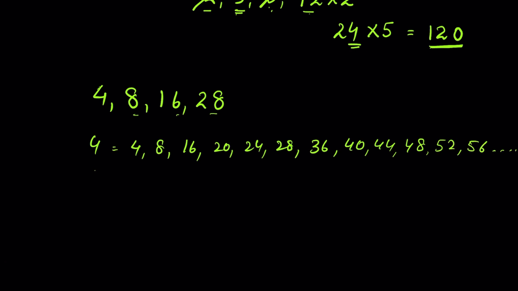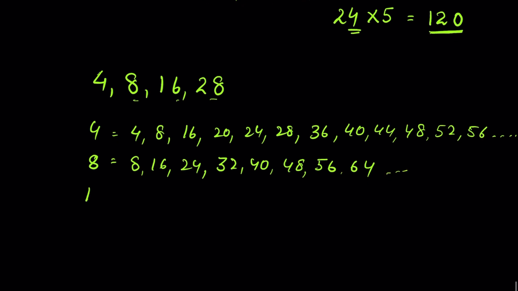Then we list the multiples of 8: 8, 16, 24, 32, 40, 48, 56, 64 and so on. You can list as many as you want, but we will stop when we find a common number.